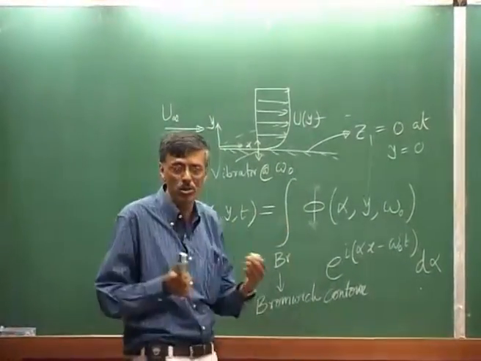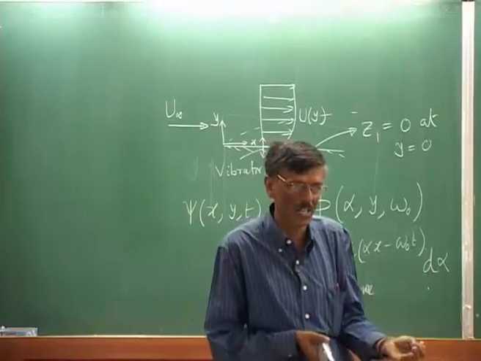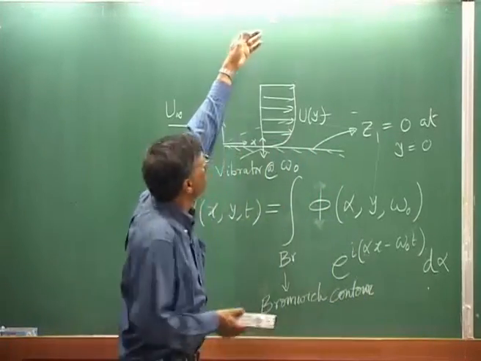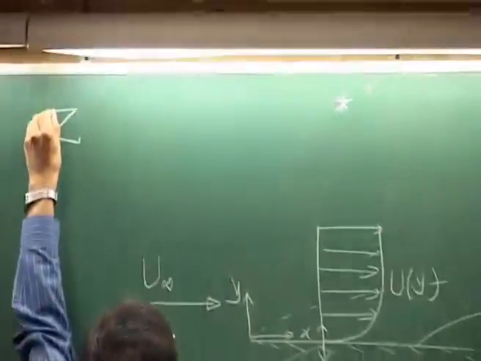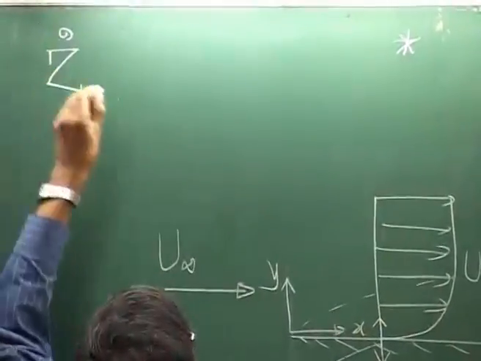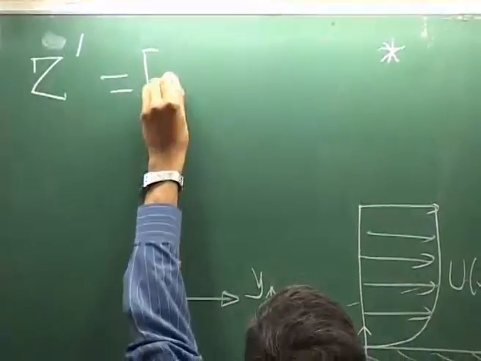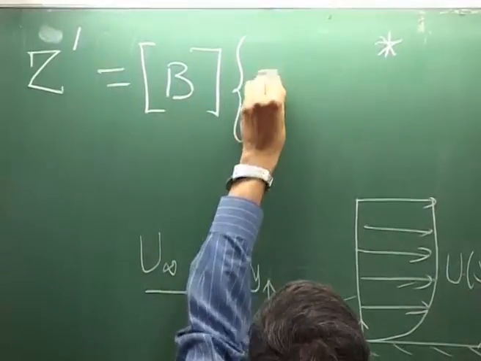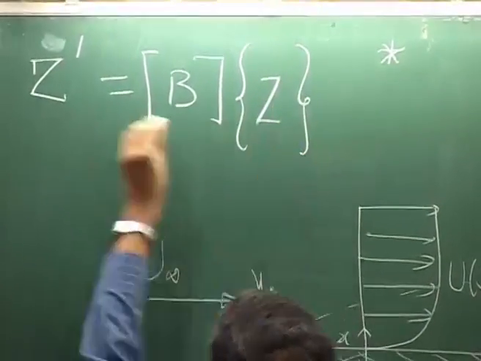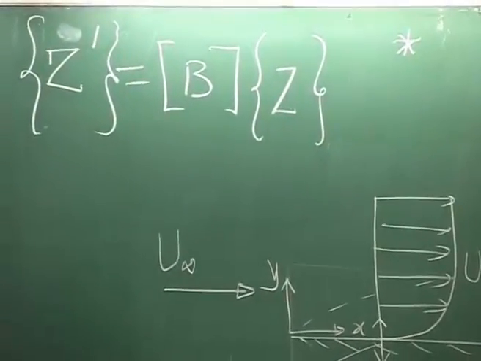Okay. So, what you do is you assume some value of alpha, because you have already fixed omega naught and Re. You start from there, and your governing equation is this Z prime, whatever we have written, equals this B matrix times Z. So, that is the equation that we are solving.